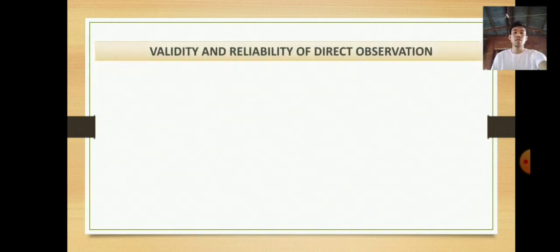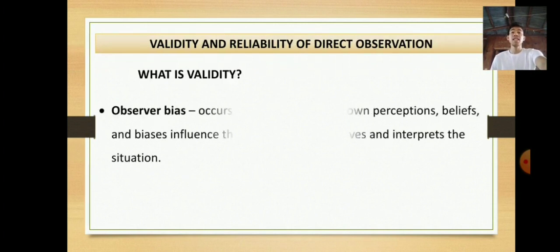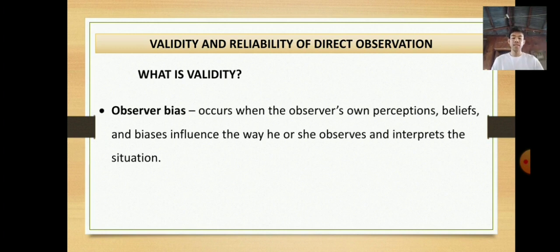So, validity and reliability of direct observation. So, what is validity? So, sinasabi dito yung observer bias. So, syempre, hindi na maging valid kung yung observer is biased. So, sinabi nga dapat well-trained sila. So, hindi dapat nila binibigay yung observer bias. So, ano nga ba yung observer bias?